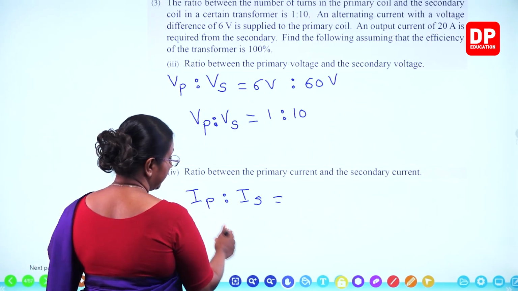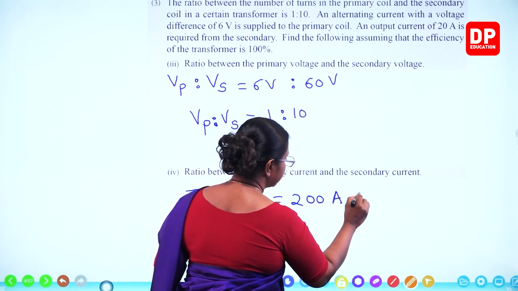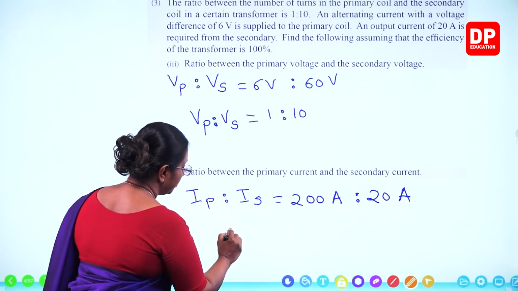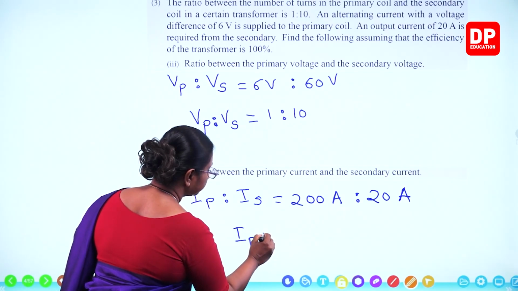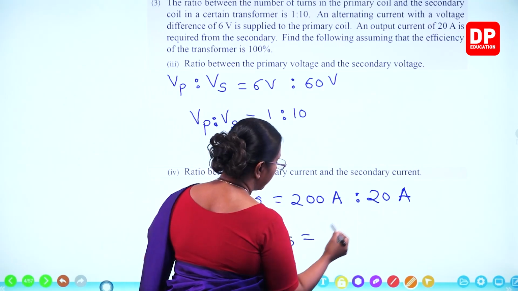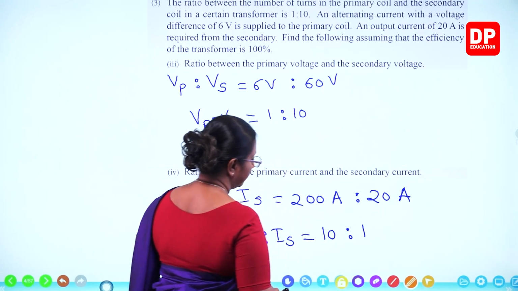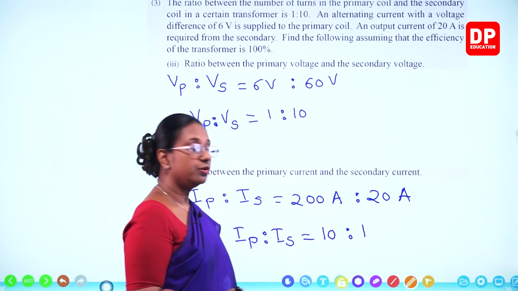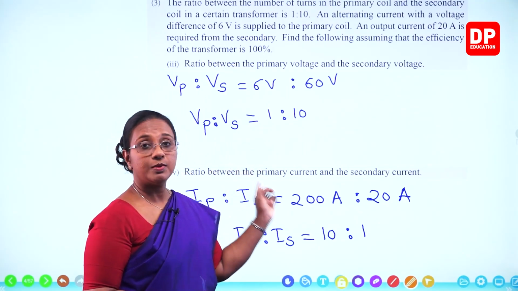So there, input 200 amperes is to 20 amperes. So I primary is to I secondary equals 200 is to 20, again 10 is to 1. You all know how to get the ratio. So 10 is to 1. Now can you see? Number of turns 1:10.